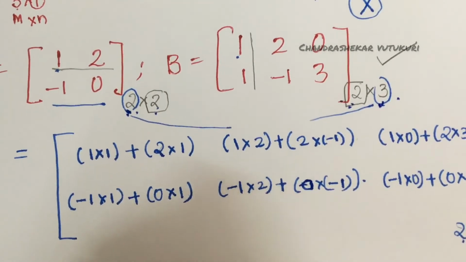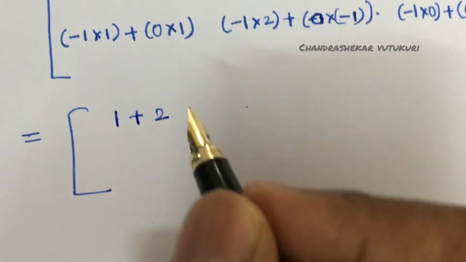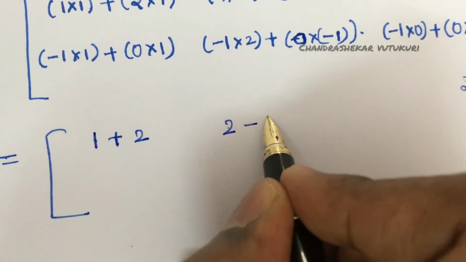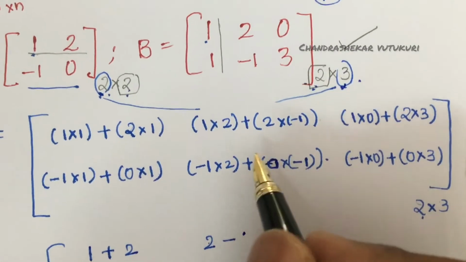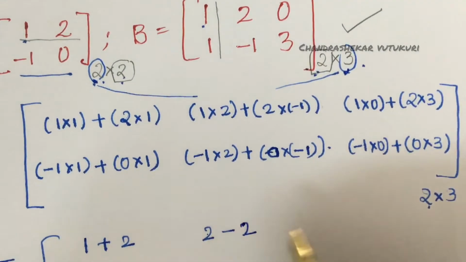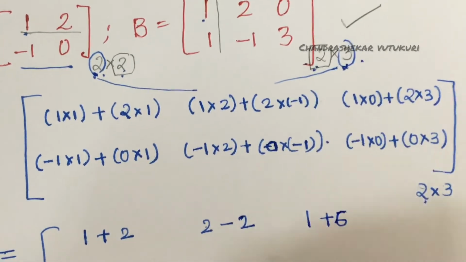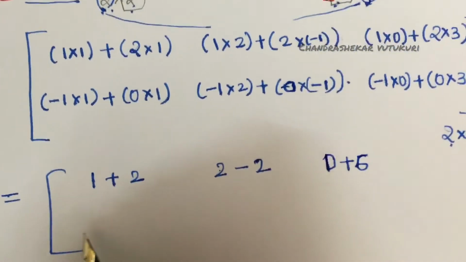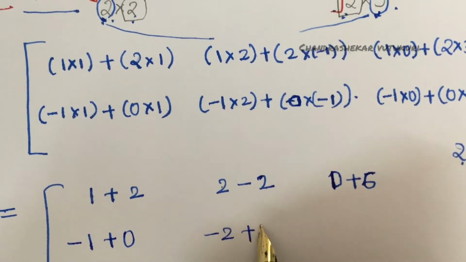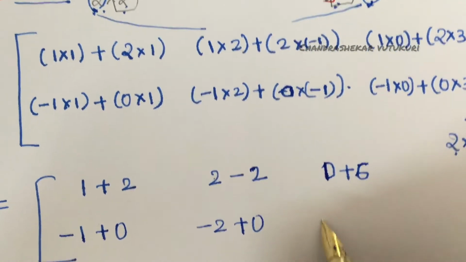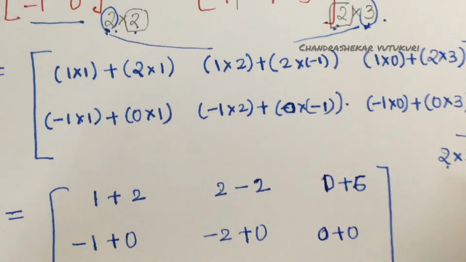Now, upon addition, that gives us 1 plus 2 is 3, 1 times 0 plus 2 times 3 is 6, and this is minus 1 plus 0, and minus 2 plus 0, and the last one is 0, isn't it?